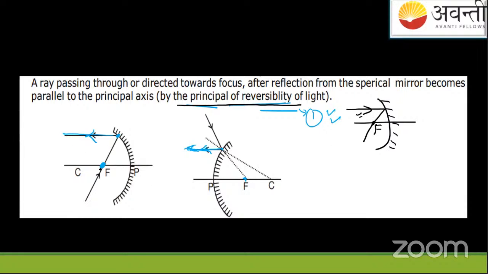It will be like this if a ray passes from the focus. Now this is the reverse of the previous statement. If a ray passes through the focus, it will become parallel to the principal axis. Or if a ray appears to pass through the focus, it will become parallel to the principal axis. That is, if a ray passing through or directed towards the focus is reflected from the spherical mirror, it becomes parallel to the principal axis. This is the second point.